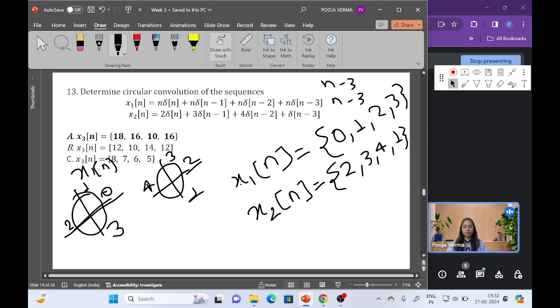Now we have to take x2[-n], so we move in the anti-clockwise direction: 2, 3, 4 and 1.